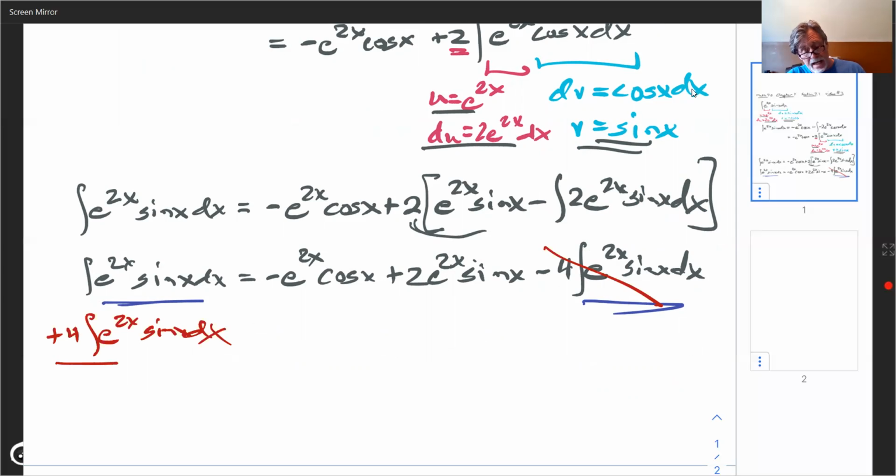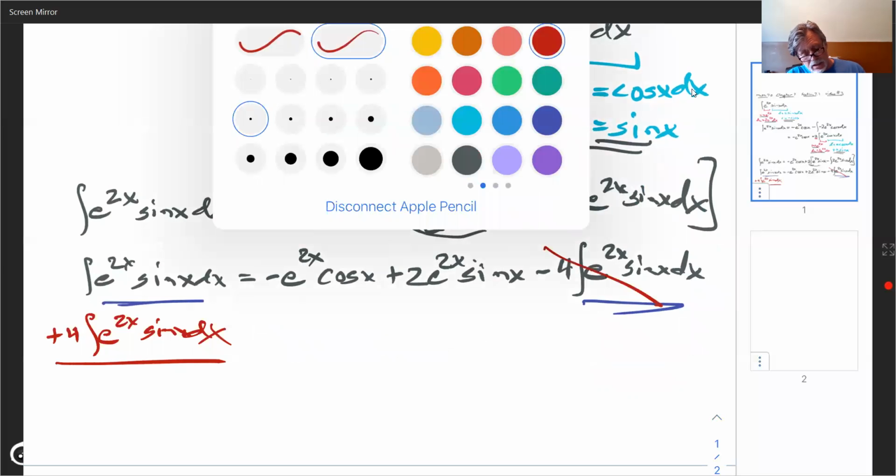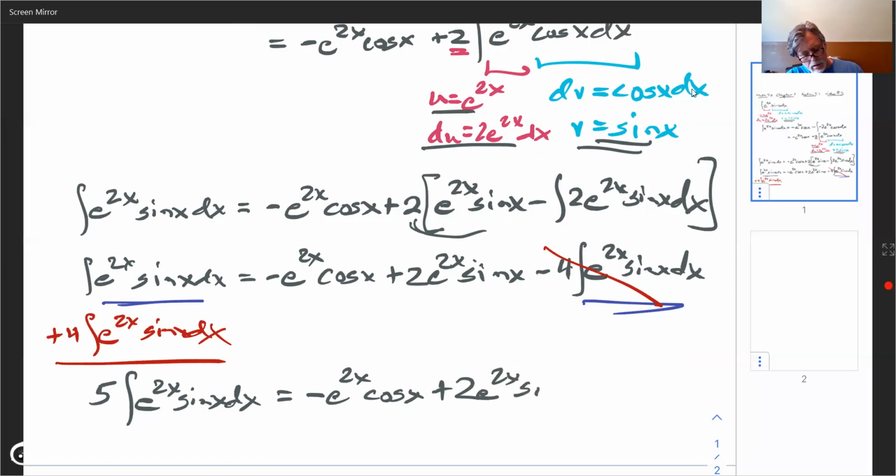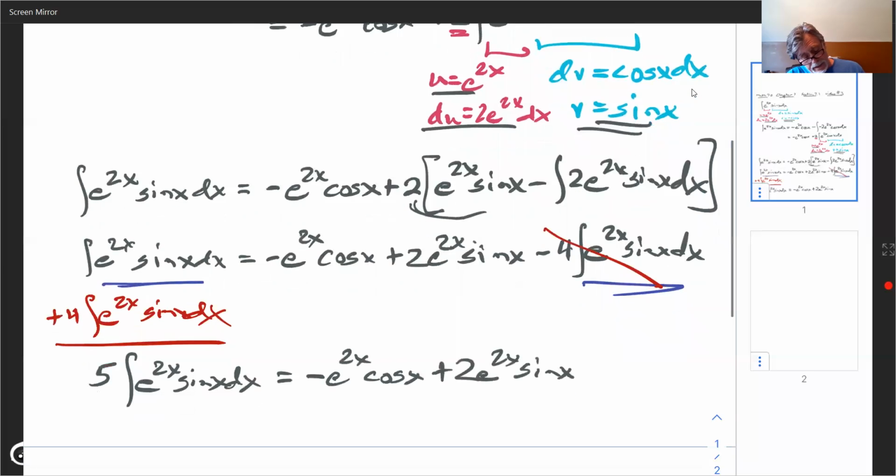Add them together, you got 5 of them, don't you? So do you see this? And you can pause, but we've got 5 of these integrals that we seek is equal to -1 of these plus 2 of these. Okay, so therefore our final answer is coming at you.